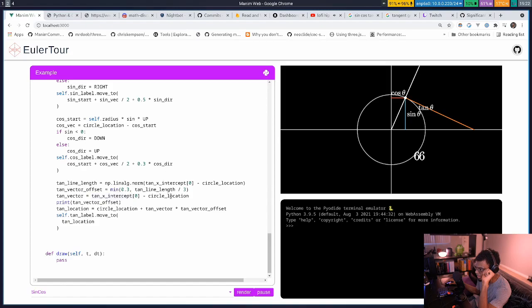But this vector, this isn't normalized. It should be like that, I think.